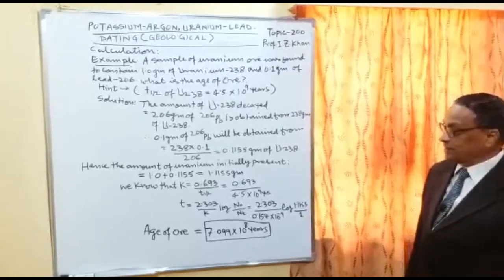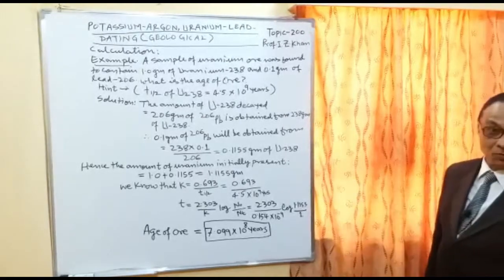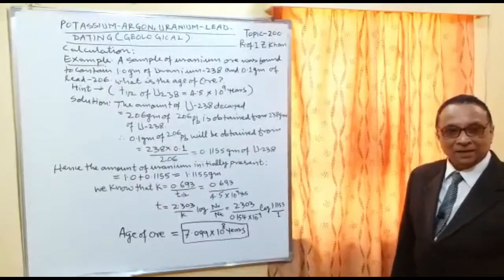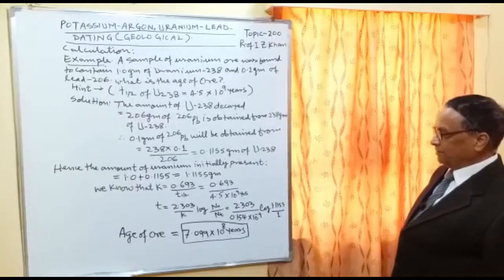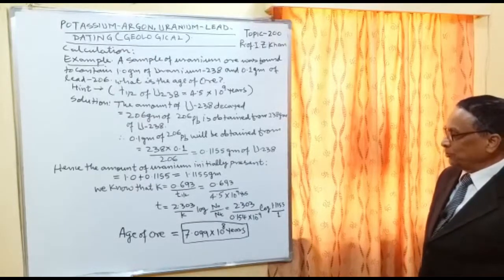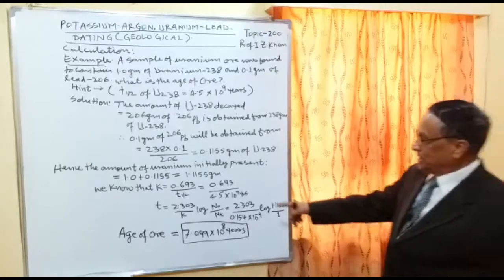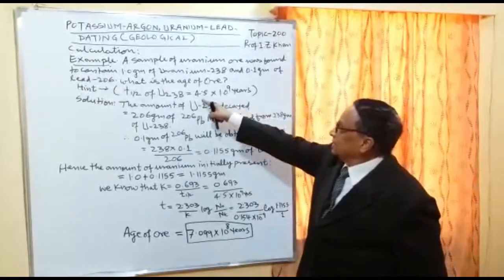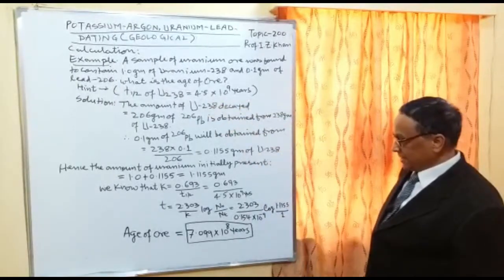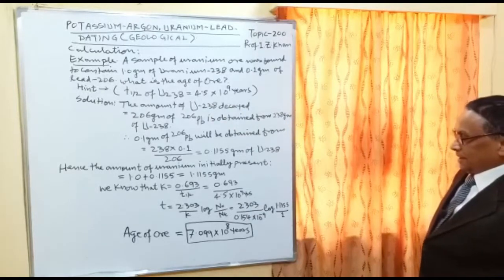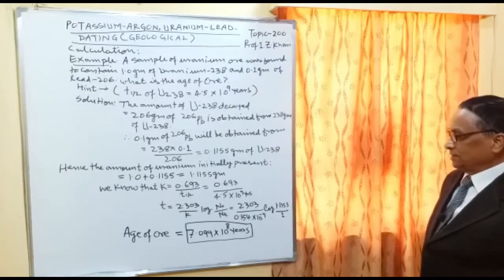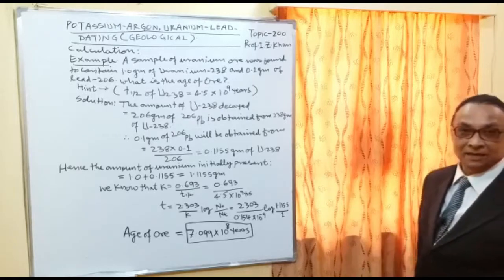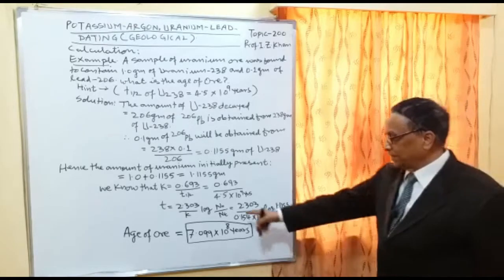We know the decay constant K is equal to 0.693 divided by the half-life T half, which gives 0.693 divided by 4.5 multiplied by 10 to the power 9. The half-life of uranium is given in the hint. Then T is equal to 2.303 divided by K, log of N0 by Nt, that is initial nuclei and nuclei after decay.